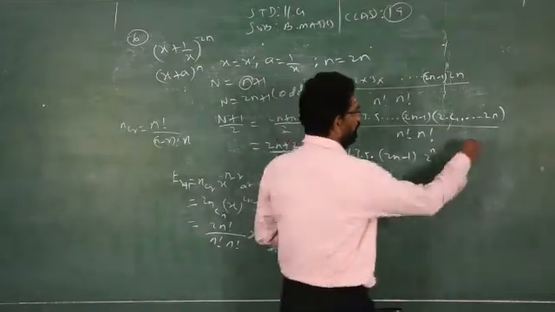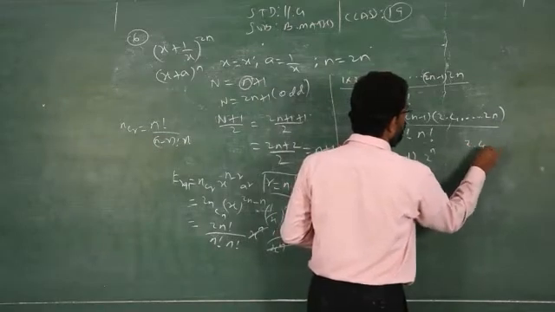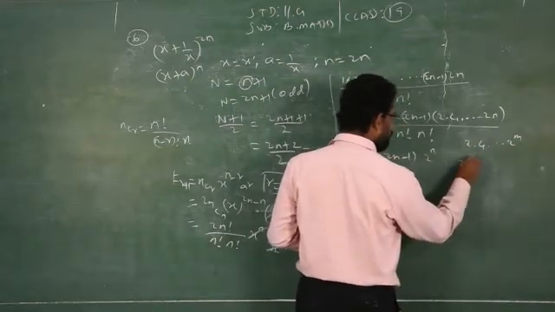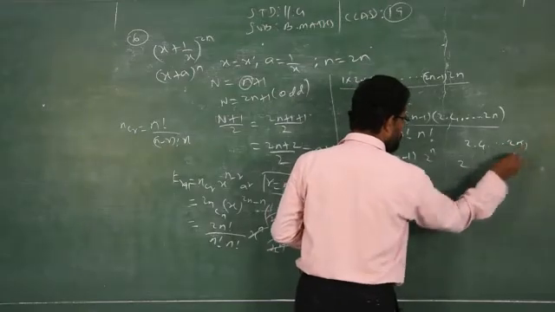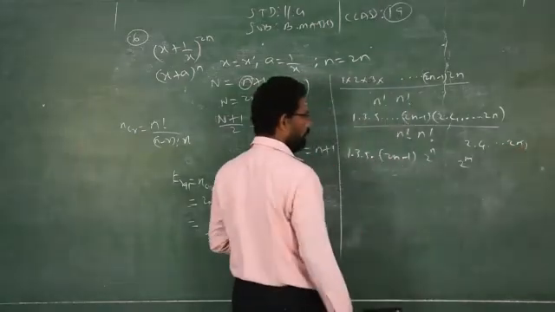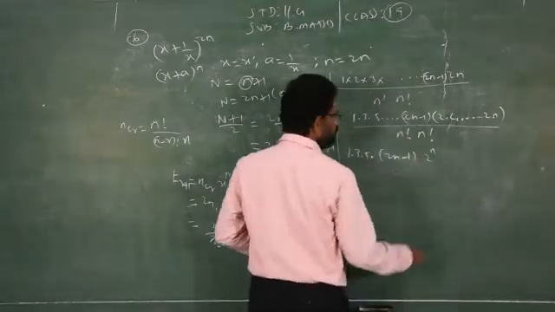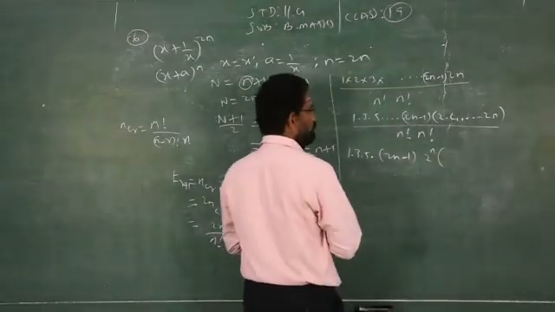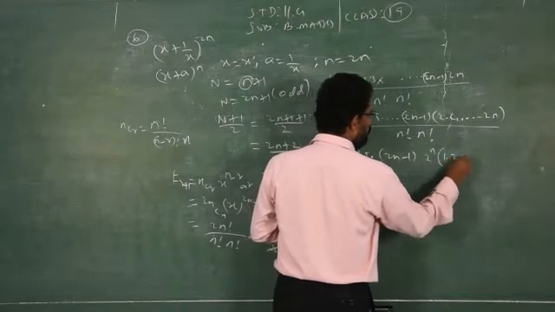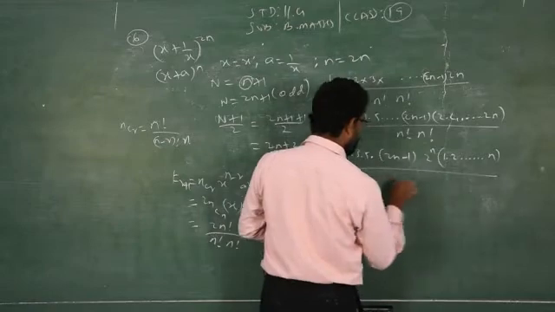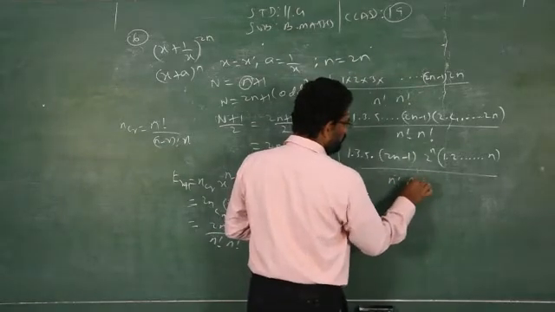For example, if it is 2 into 4 up to 2m, and I take 2 outside, that is m terms, so you have to take 2 power m. Don't take 2n. So I am taking 2 power n outside, and 2 will become 1, and so on. What is the remainder? n, divided by n factorial into n factorial.